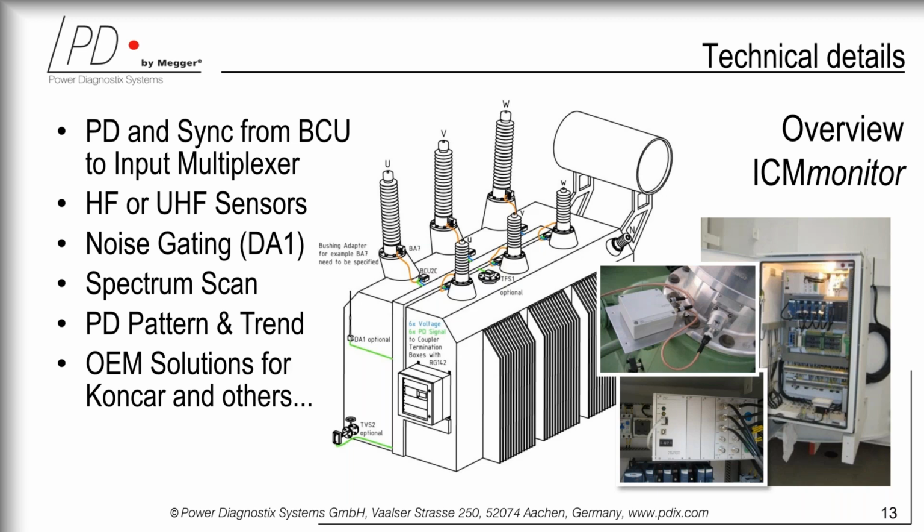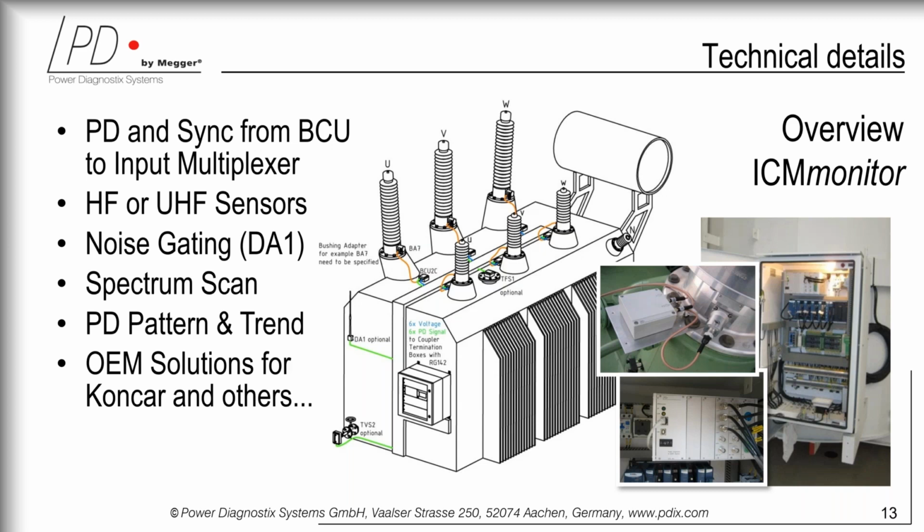The boxes that we have also have another characteristic. They can do noise gating, and this allows for several things: to suppress unwanted noise and to extract the proper PD pattern and trend across time. We are making records of these patterns. We are able to show them across time, and this can give a specialist the right understanding of what's happening with a particular transformer.